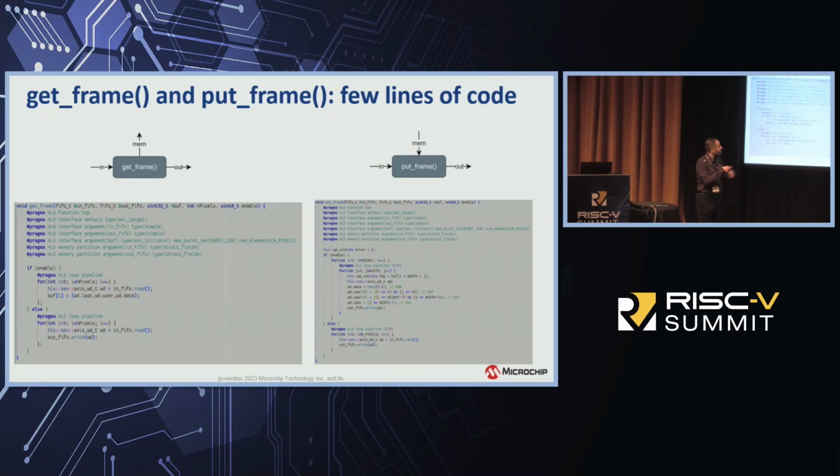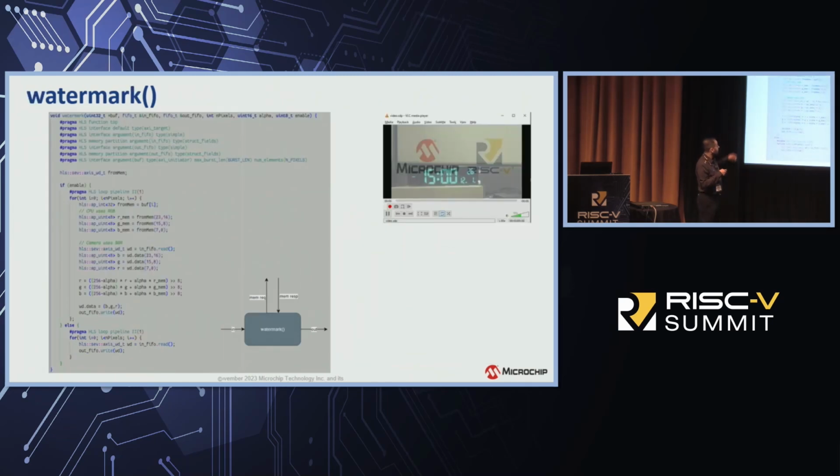Now, putFrame is the opposite transformation. Instead of writing to DDR memory, it just reads from DDR memory. This is the watermark function. Another function comes after. In this case, the RISC-V processor uses OpenCV to load these Microchip and RISC-V logos and performs alpha blending on top of the video frames. But then again, it's the same concept where within only a few lines of code, you can have this sort of complex functionality.